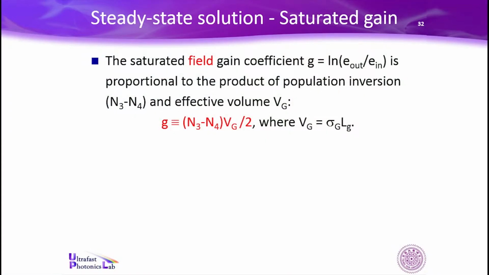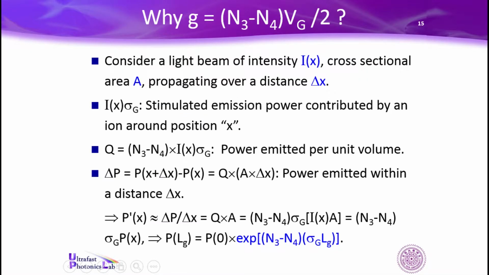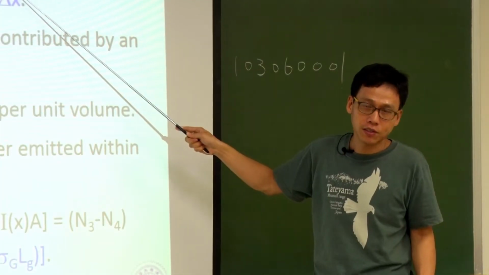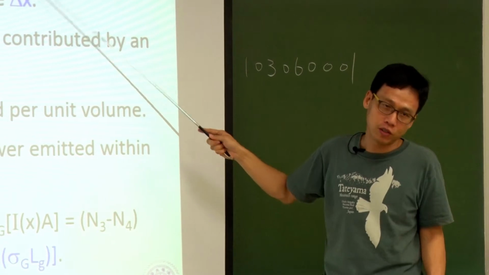Again, I show you one supplementary slide. I use 4 steps to tell you why this is correct. Consider a light beam of intensity I, but this is not a constant. It's a function of position.